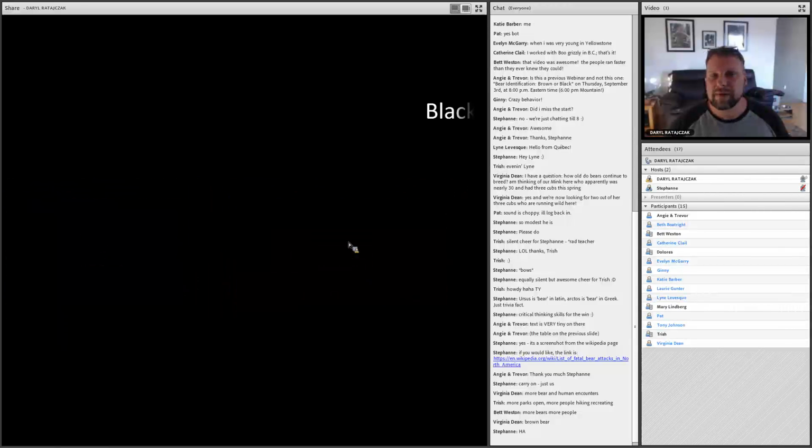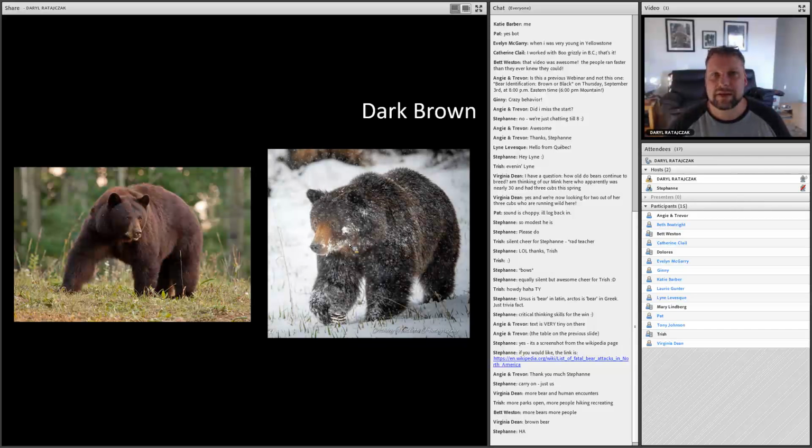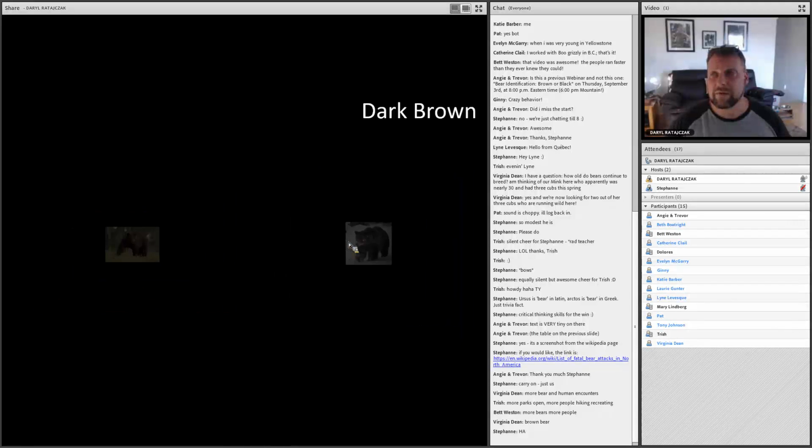All right, so if we're not talking about black, let's move over to dark brown. Obviously that should be easy. Well, here you go, folks. This is a dark brown black bear. Beautiful. Here's another dark brown brown bear. The coat is almost identical in color. So you can see where there's a lot of overlap here.